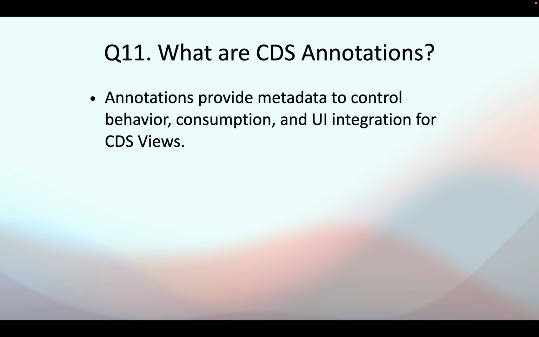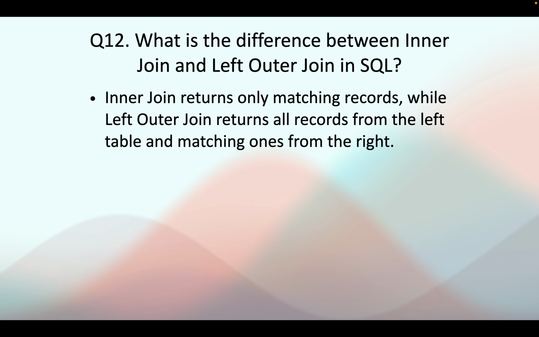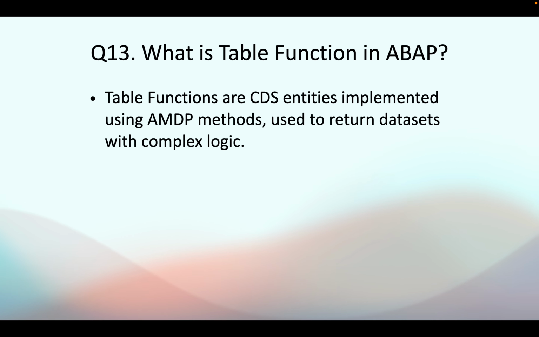Annotations provide metadata to control behavior, consumption and UI integration for the CDS views. What is the difference between inner join and left outer join in SQL? Inner join returns only matching records, while left outer join returns all records from the left table and matching ones from the right table.